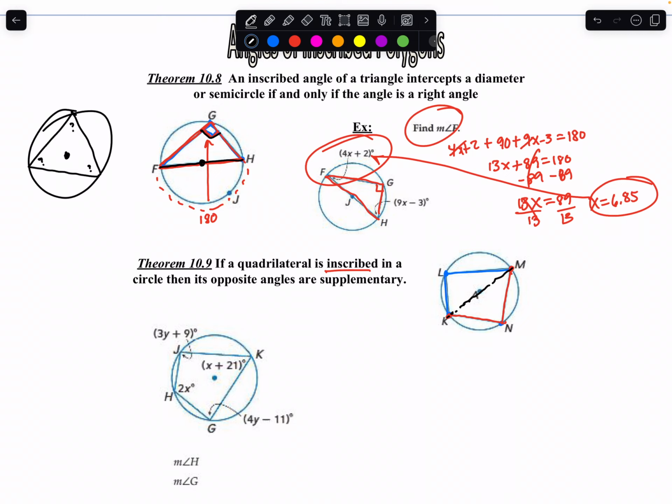What this property says is that angle L plus angle N should equal 180 degrees. Opposite angles are supplementary, which means they add up to 180. Same thing can be said about angle K and angle M. Angle K plus angle M should also be equal to 180.